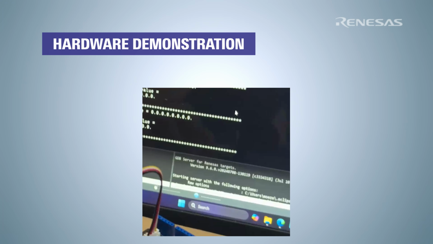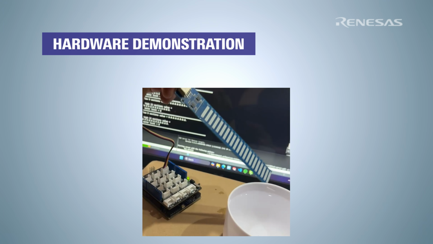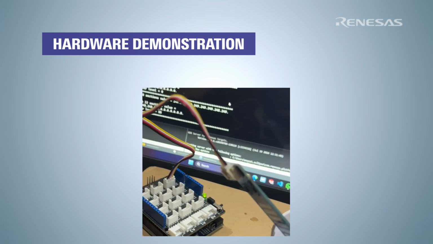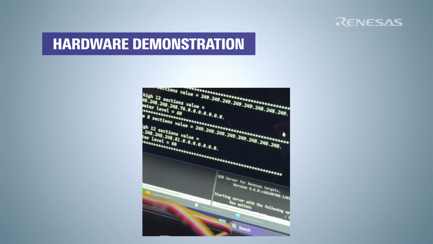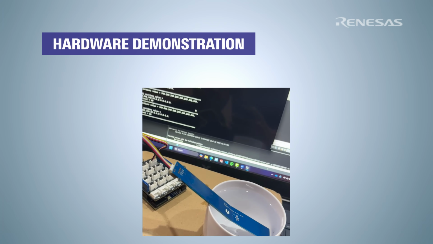Before submerging the water level sensor in water, make sure it is clean and dry and has recorded a 0 level. Then you can submerge the sensor in water to get the water level reading values. Now as I submerge the sensor in water, you can observe the low data and high data values are changing from 0, and the sensor is showing that we have reached almost 60% of the threshold value.